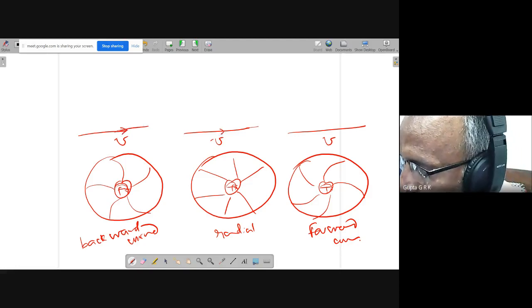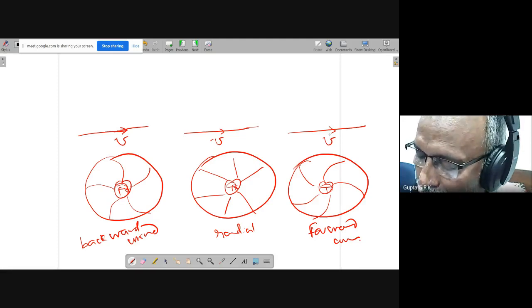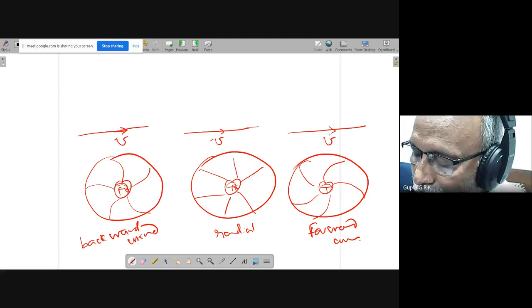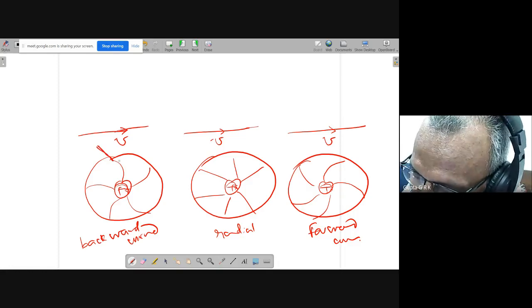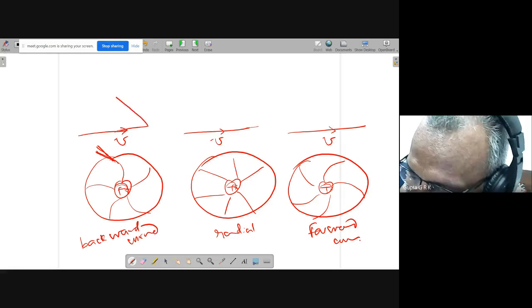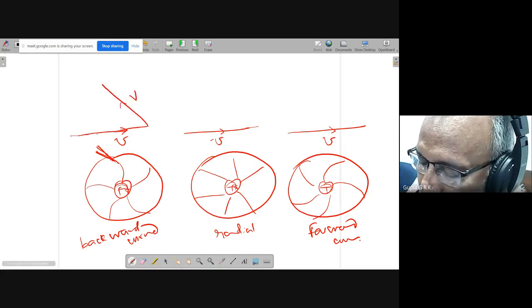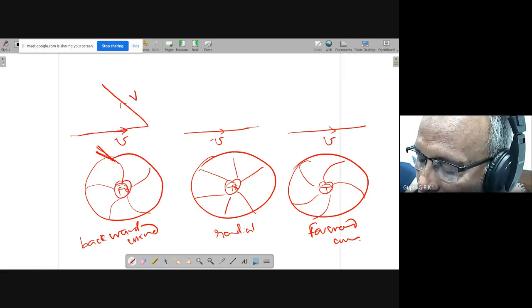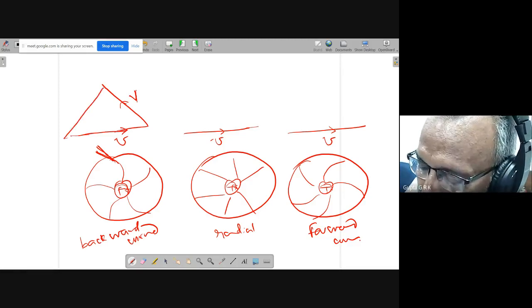Now, the relative velocity angle is equal to the blade angle. So the blade is going like this, and the flow moves like this. So this is the way V will be, V in this direction, the relative velocity direction. And V plus U equals C. So this will be C.